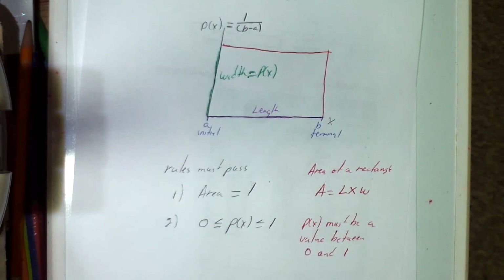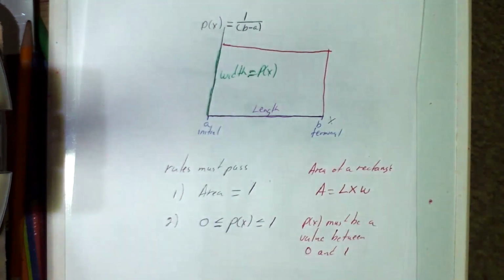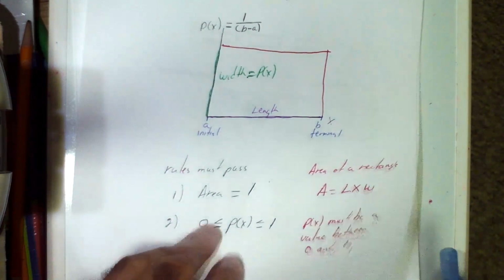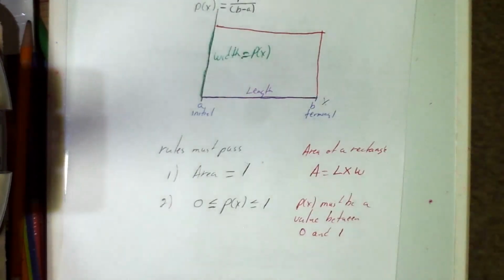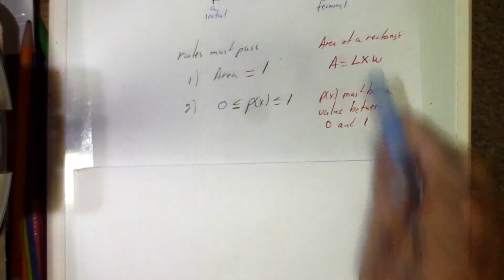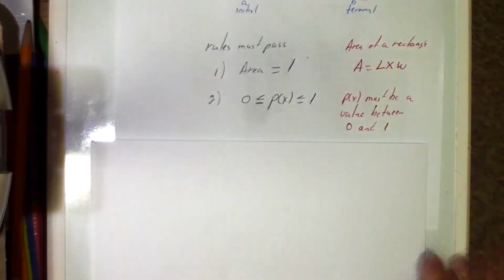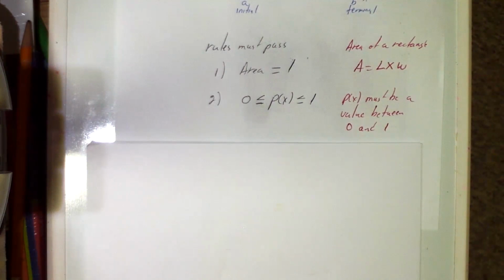All right, let's do an example of a uniform distribution to see if it passes both of those conditions. In the book, they talk about wait times for airports, plane wait times. It's the very first example.